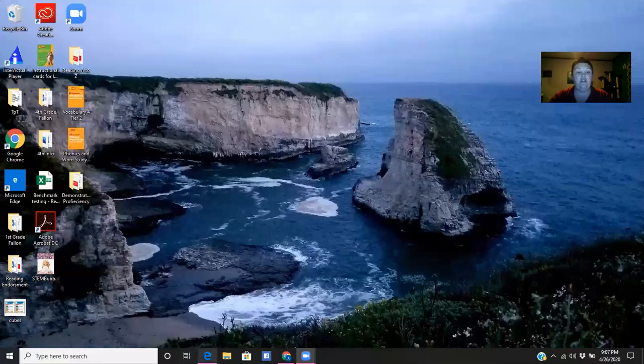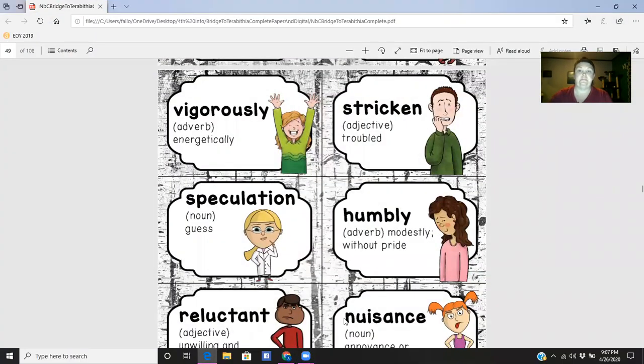So I want you to get out of your new packet for week 5. I'm going to go ahead and share my screen to show you the vocabulary words. It's going to be a page that looks like this. It's going to have 8 new vocabulary words on it. So I want you to pull that out so that we can look at the 4 vocabulary words for chapters 5 and chapter 6.